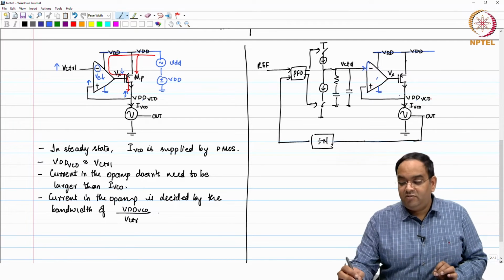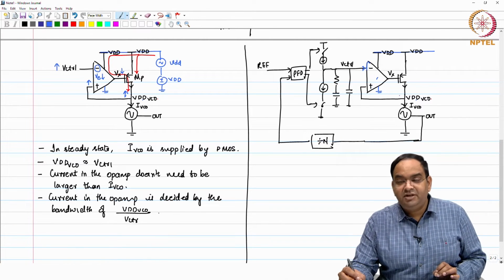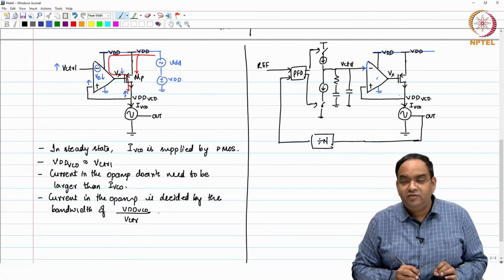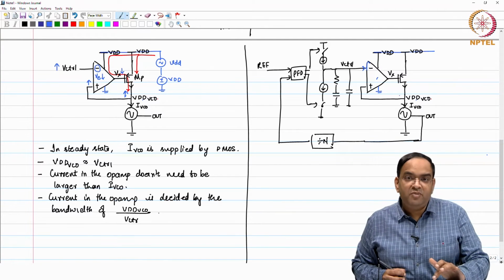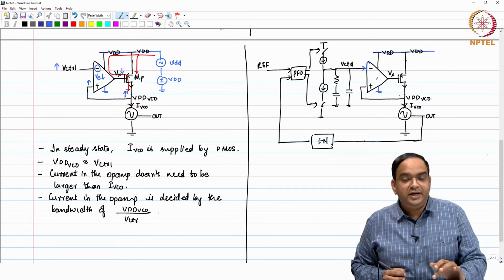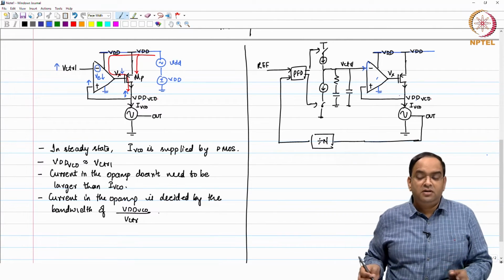Okay. Op-amp may offer a capacitive loading to the loop filter, but it will not offer any kind of DC resistance loading. So, now given this is the common way of regulating the oscillator in a PLL.